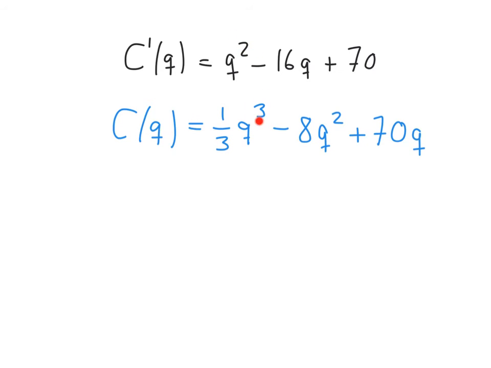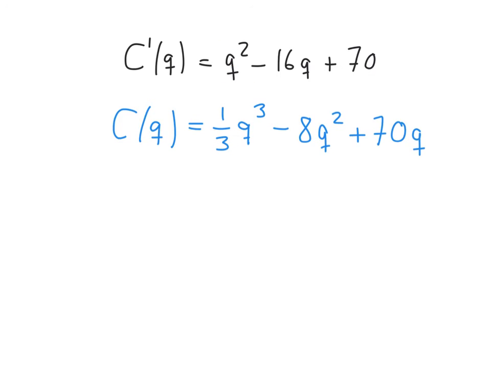Now we have to increase the exponent by 1 and multiply by a factor that offsets the multiplication by 3 when taking the derivative. So in this case, 1/3 offsets the multiplication by 3 to get to q squared.